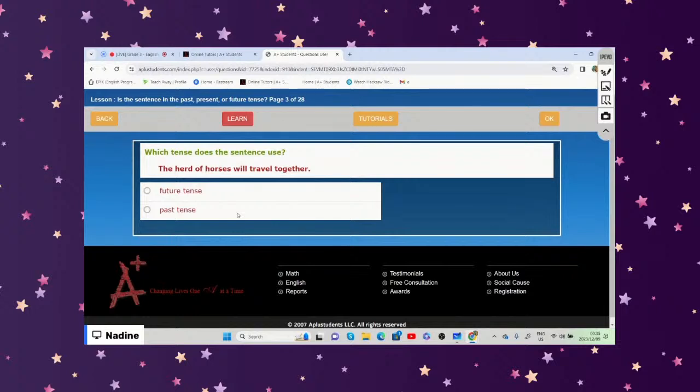So is it the future tense or is it the past tense? Look at the word will travel. Will travel. So the herd of horses will travel together.